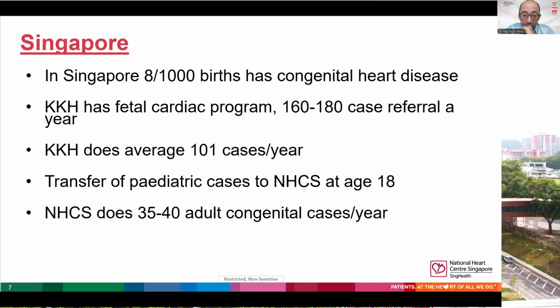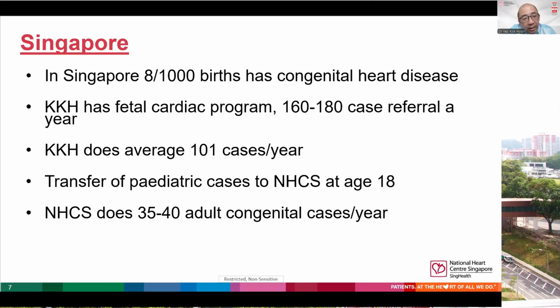As cardiac surgeons, we are not involved in it. Usually the cardiologist will do the scans and counsel the patients. And some of the parents in Singapore choose to terminate the pregnancy if there are very serious heart problems. So I was going through the data.